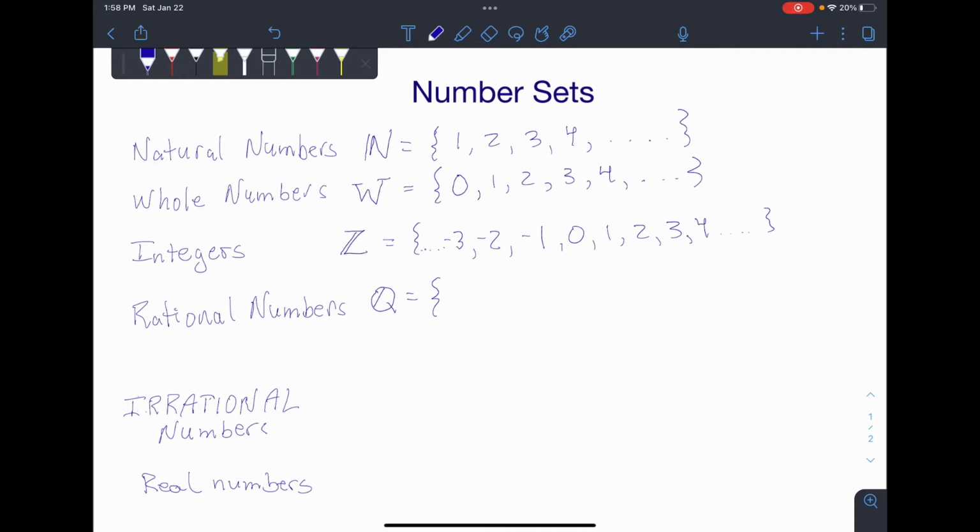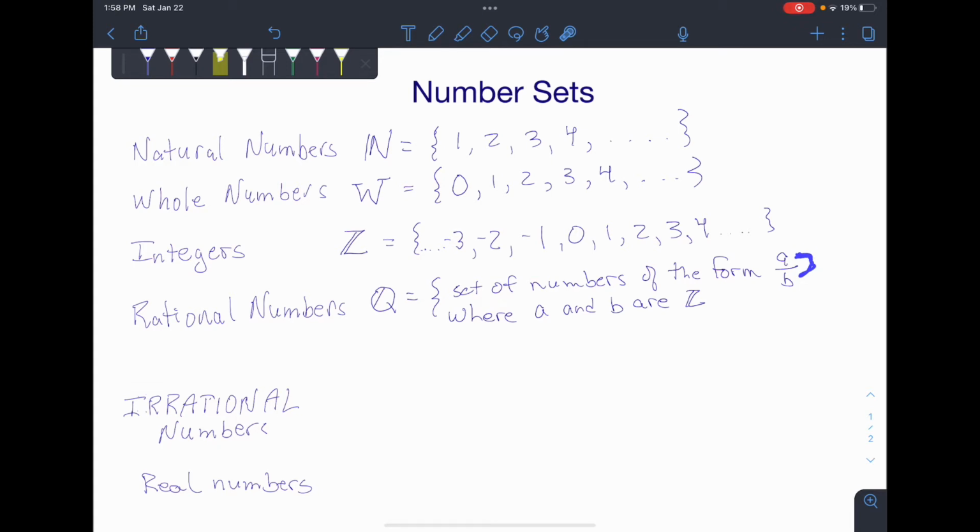So this is the set of numbers of the form A over B, where A and B are integers. The numbers in this fraction are specifically from the set of integers.